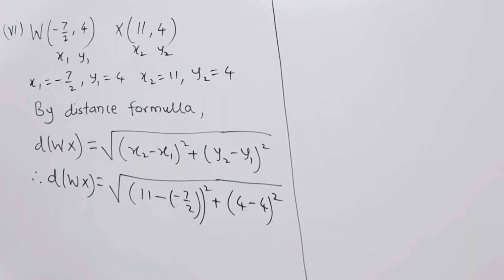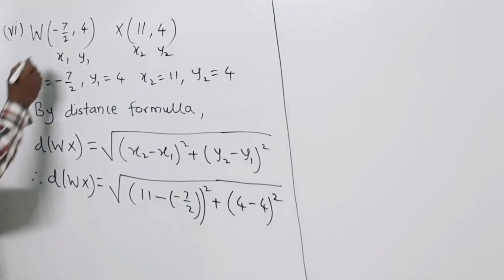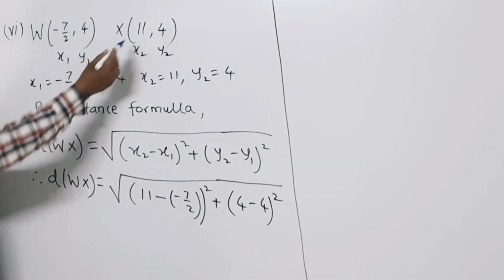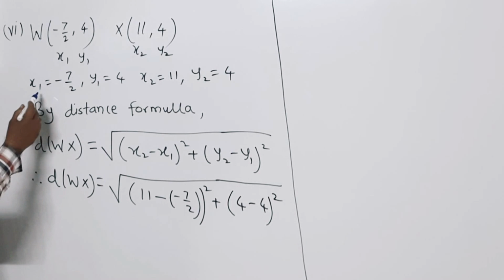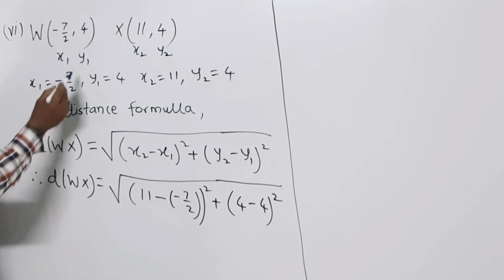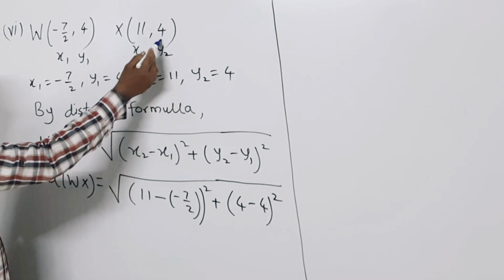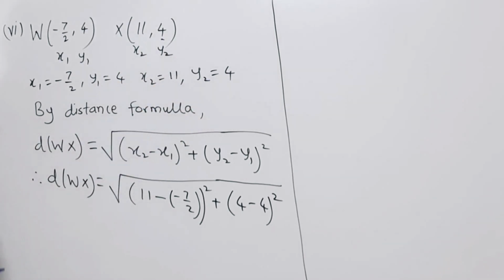Sixth example, W(-7/2, 4) and X(11, 4). So x1 is equal to -7 upon 2, y1 is equal to 4, x2 is equal to 11 and y2 is equal to 4.